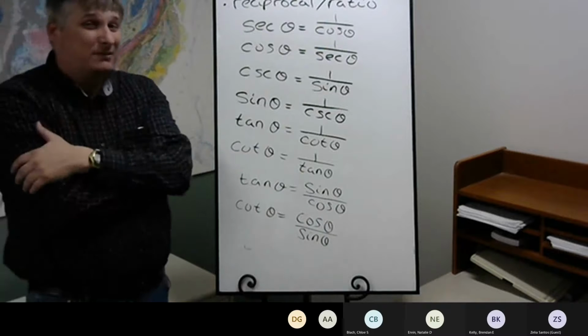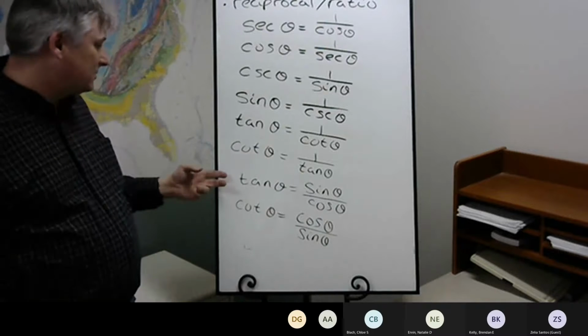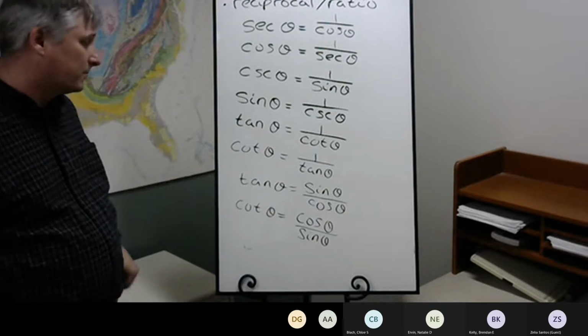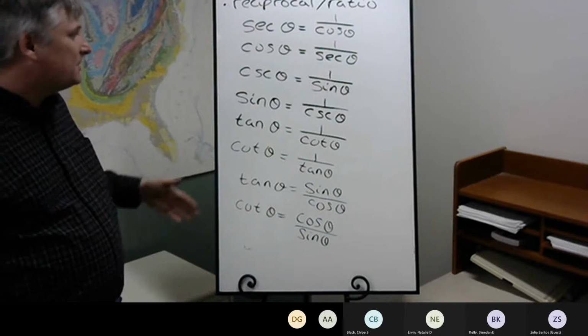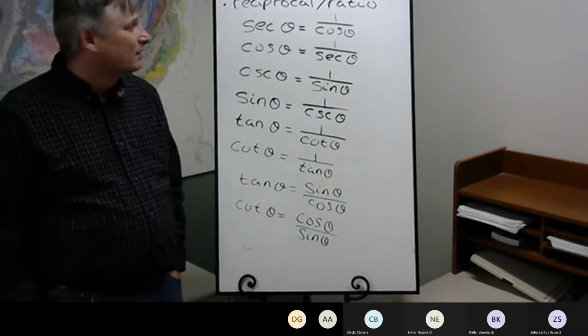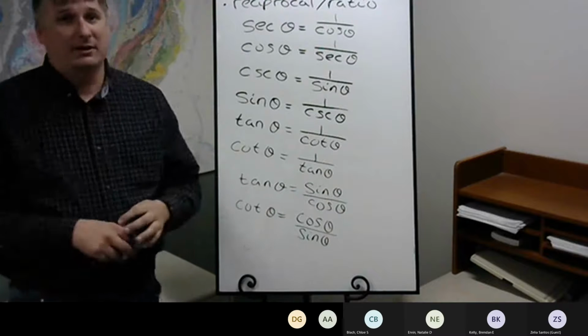So any questions about these identities? And these two, for tangent and cotangent, are very key. These are going to be really important. These do come into play throughout the course and throughout the textbook. So those are your reciprocal and ratio identities.